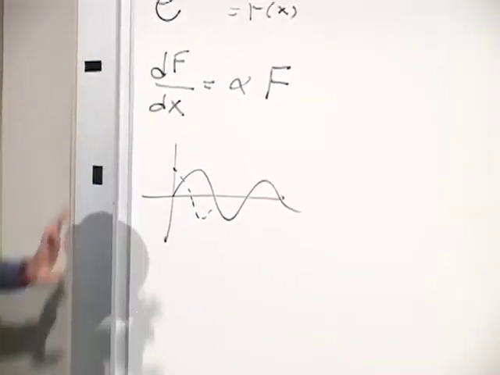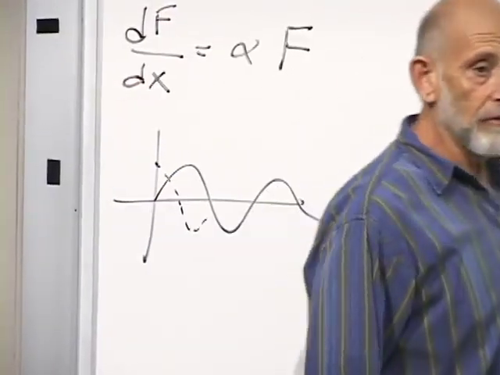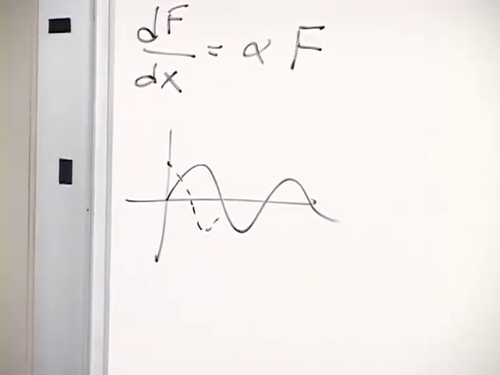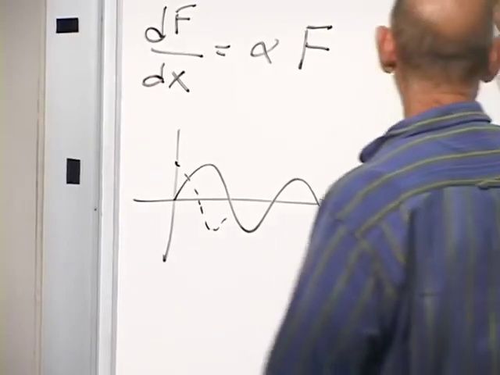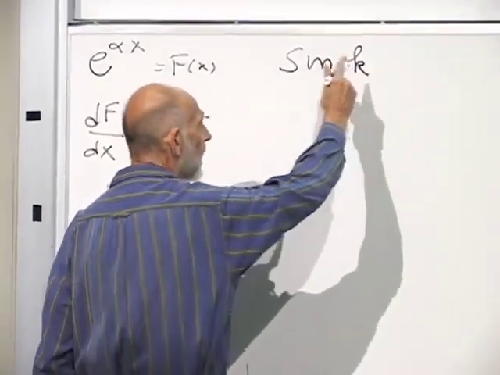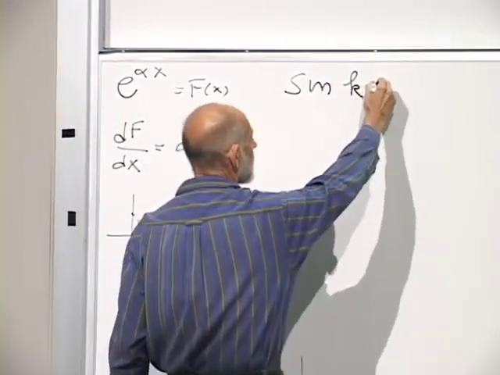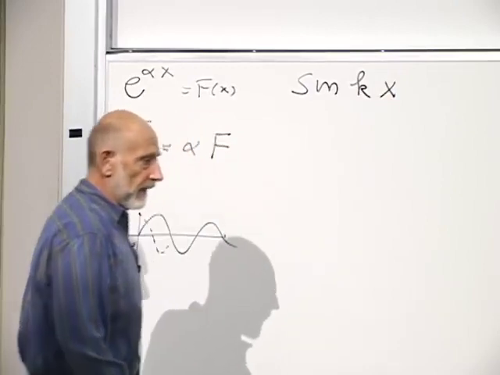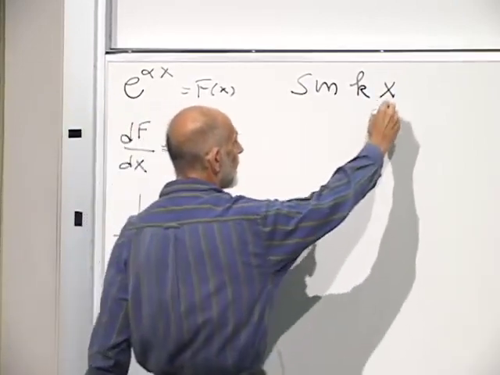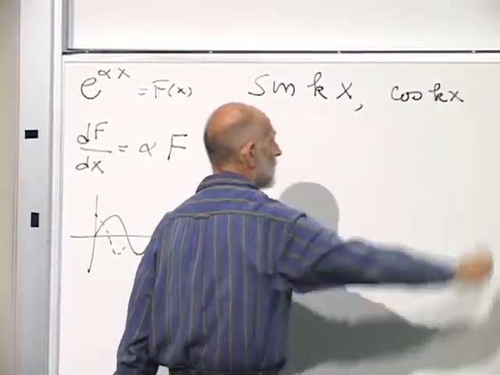But the important thing is sine of kx, where k is a number, any real number in this case, times x. It could be positive, could be negative. And the other function of interest is cosine of kx.